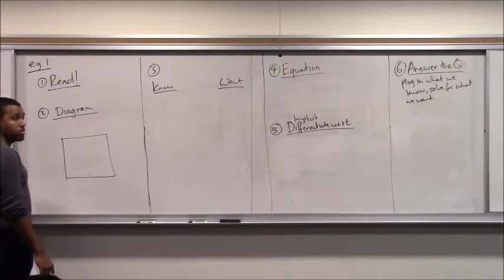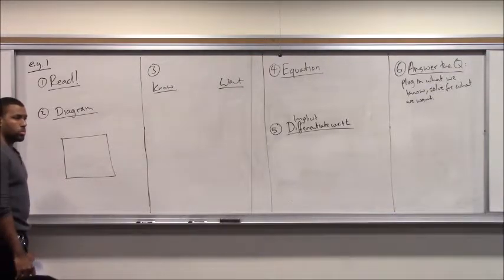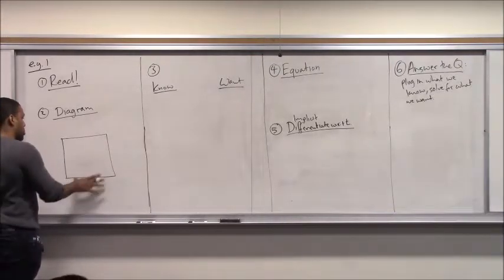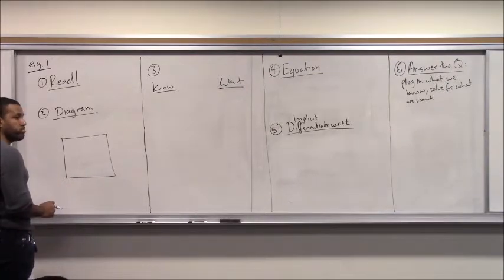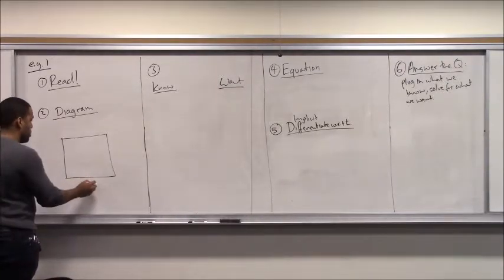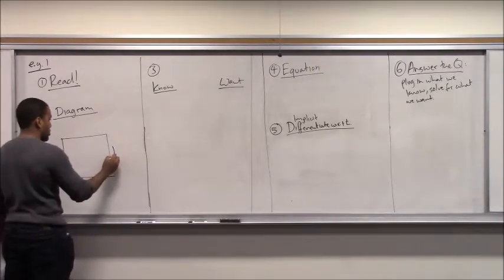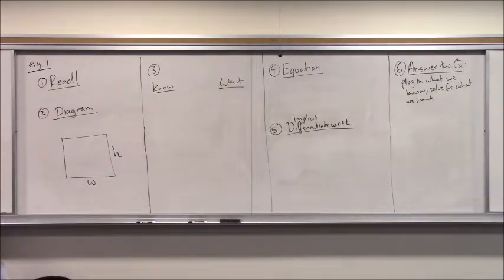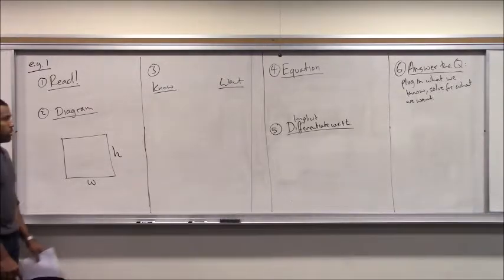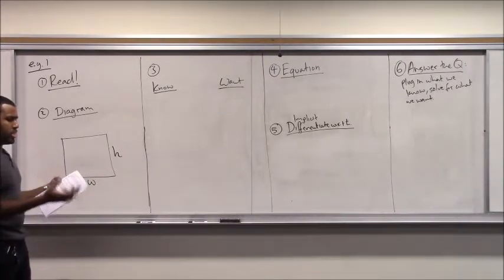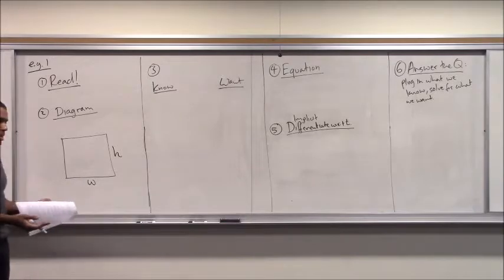The width? Do you want to call that the width? What do you want to call this? H. Okay, so you can label it like that. It almost doesn't matter unless the question itself specifically tells you what to label stuff. Label it whatever you want.